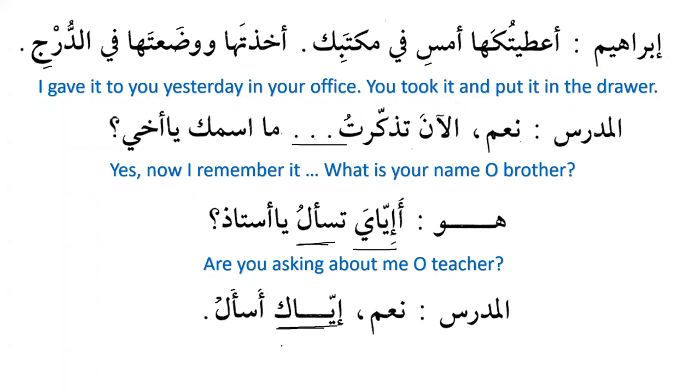We cannot make them mubtada. They will always be the object of the verb. So as'alu is fail plus file, and iyaka will be maf'ul bihi, yani I'm asking only about you.